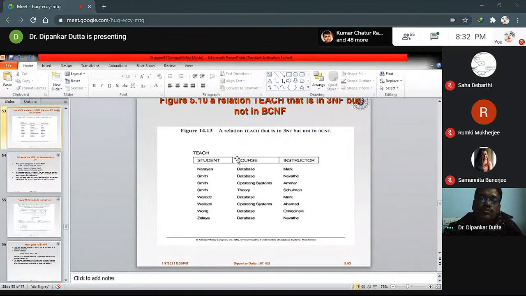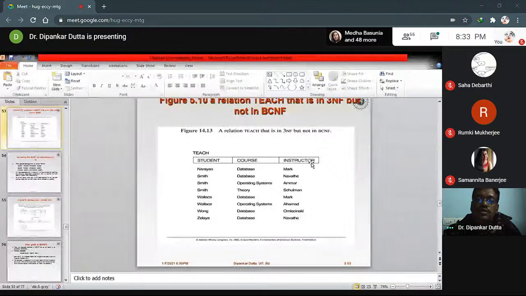student and course implies instructor. Student means type of student, like CSE student or EC student, and course means different types of course.